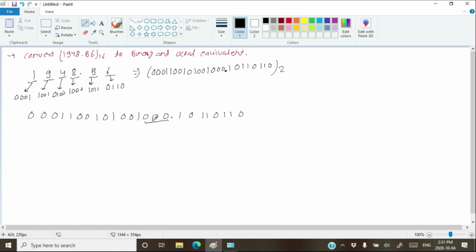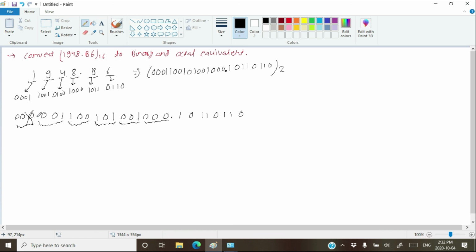So group the bits into 3-bit groups of the non-fractional part from right to left, and that's what we are doing here. We have to convert this binary string into octal. See here, the last number has just 1 0. So either you can make the size of this group 3 bits, or you can discard this 0 at all, because a 0 on the leftmost side of a non-fractional part does not matter.